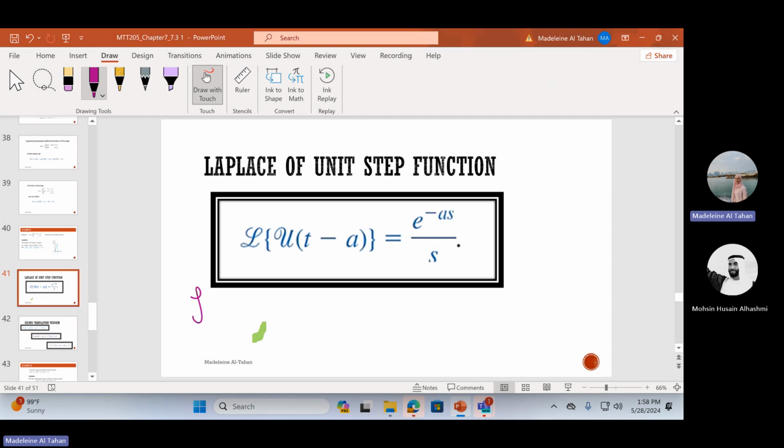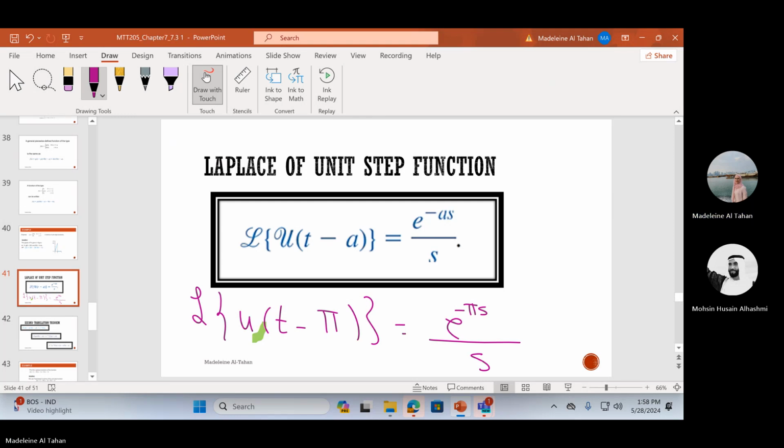So if I give you Laplace of u(t - pi), for example, should I go and integrate? We can integrate if we want, but we can apply this formula, e to the negative as over s, and instead of a, what would we put? Right. So this is the first formula that we need.